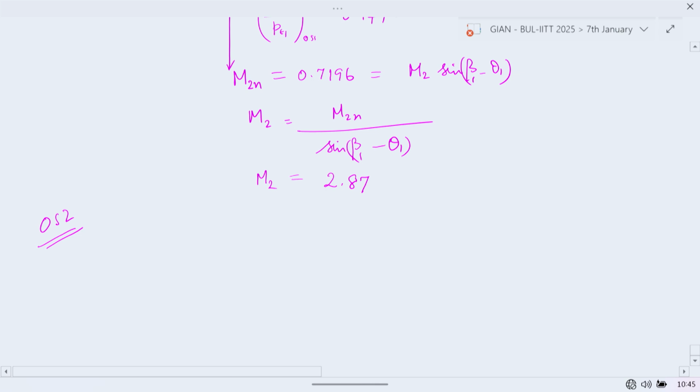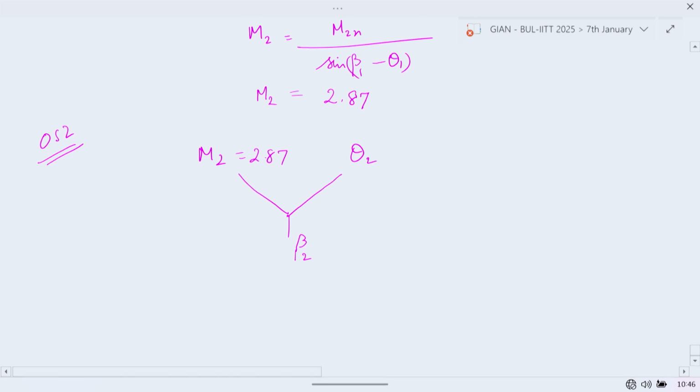So we're going for oblique shock 2. M2 is 2.87 and the theta 2 value is given. What is beta 2?